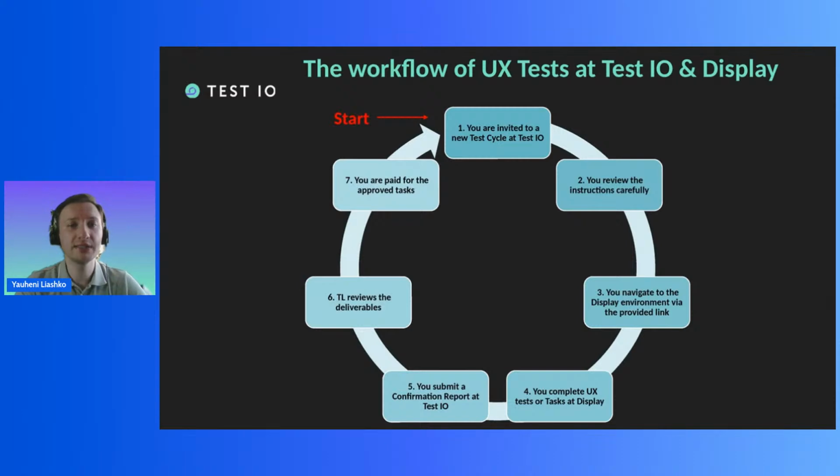Here for the display test, it differs a bit because in this environment field, you will have the link to the display platform, to the corresponding test at display platform. So all you have to do is to navigate to this display platform and to complete its tasks. It's quite similar, and probably it should not be a problem. So no need to navigate to some testing site or some product and so on. All you have to do is to navigate to display platform by the provided link.